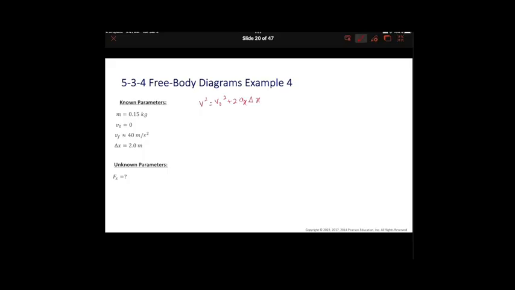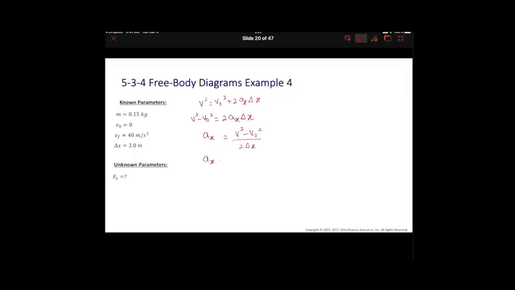Let's isolate acceleration from this equation. So v squared minus v0 squared equals 2 ax delta x. Therefore ax is v squared minus v0 squared over 2 times delta x.